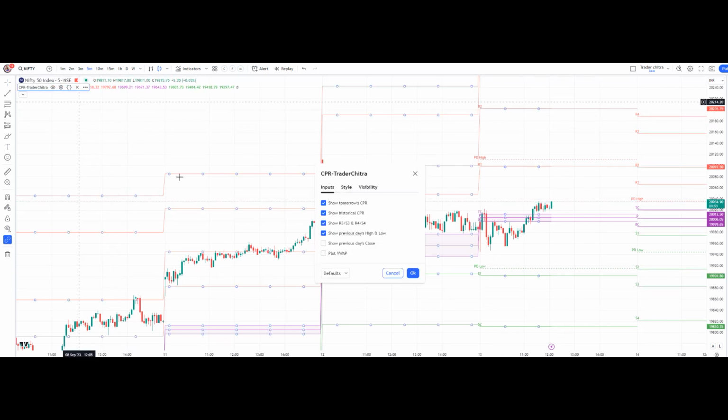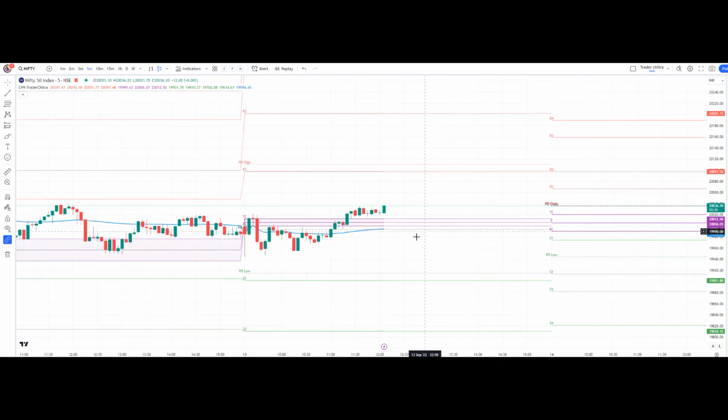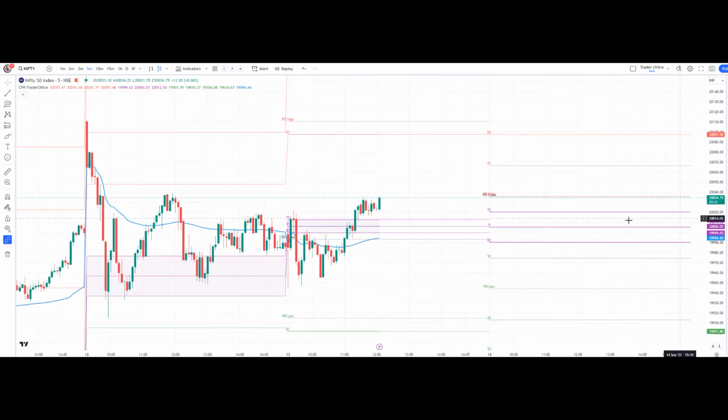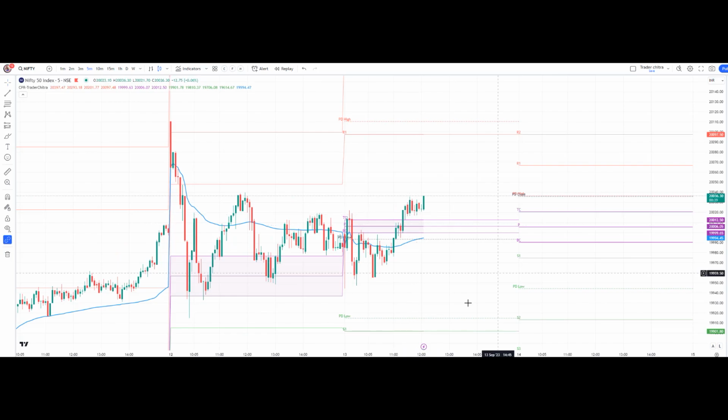Again, show previous day's close, plot VWAP. So, VWAP is plotted automatically. This blue line is the VWAP. Now price is trading above the VWAP. Previous day high is there, previous day low is there, and previous day close is also there. PD close is previous day close.